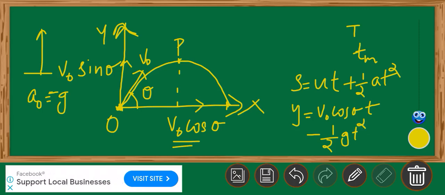Here when we take it upward, we are taking acceleration as negative g.